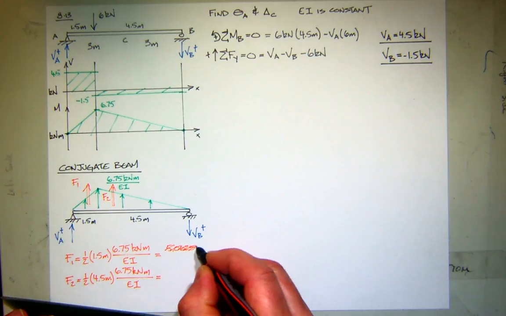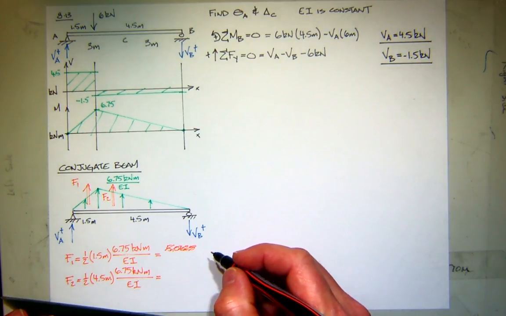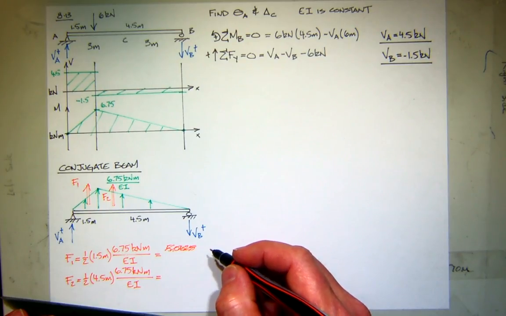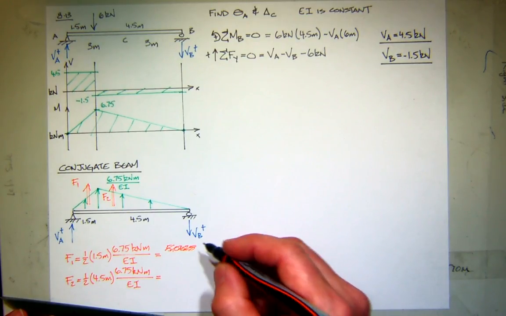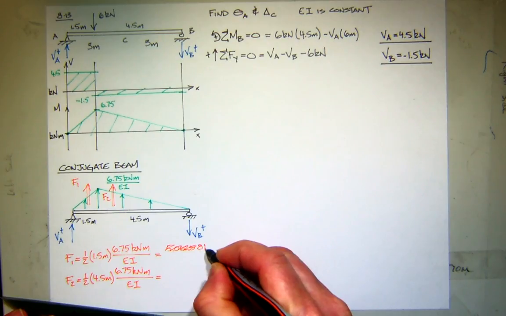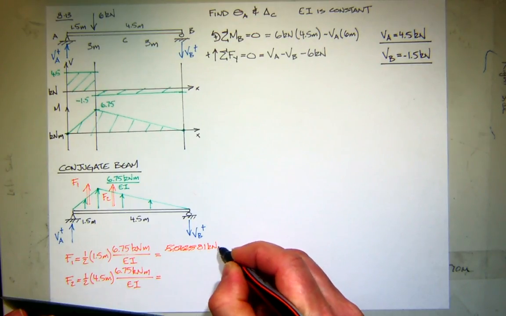What was the fraction again? 81 over 16. That is really hard for me to figure out, as you can see.